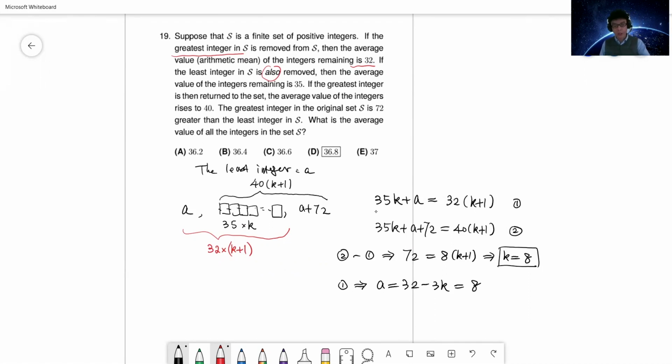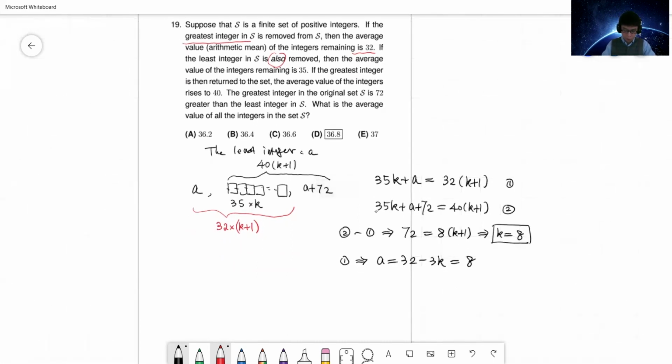So A equals 8. The question here is to find the average of all the integers in the set. That will be 35k plus 2A plus 72 divided by k plus 2.